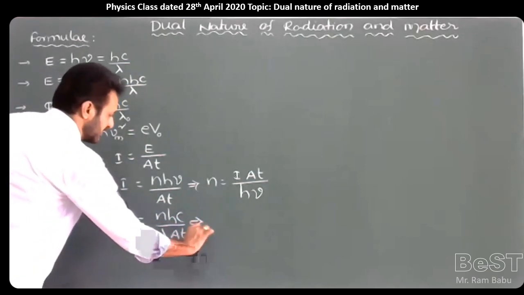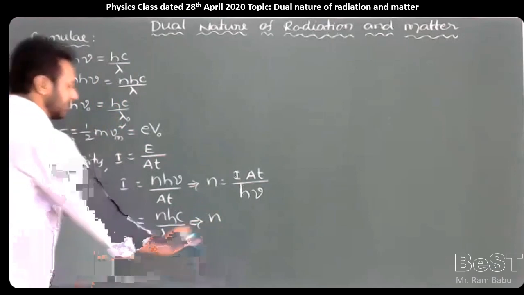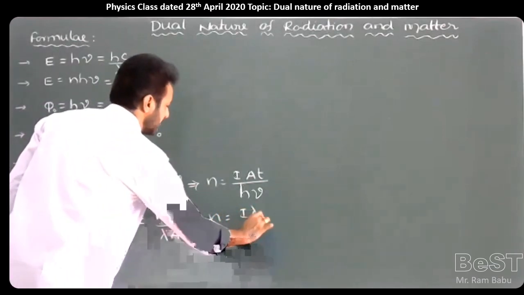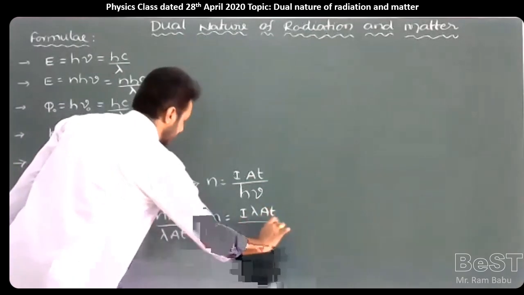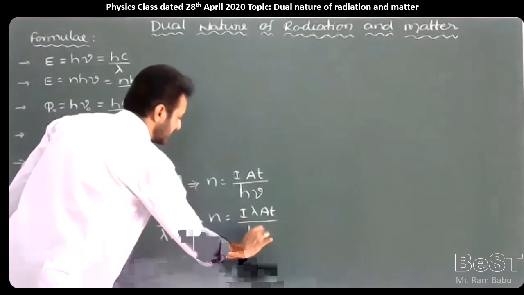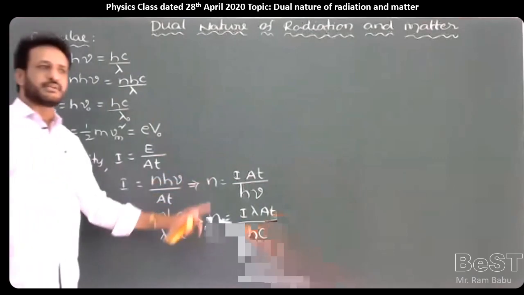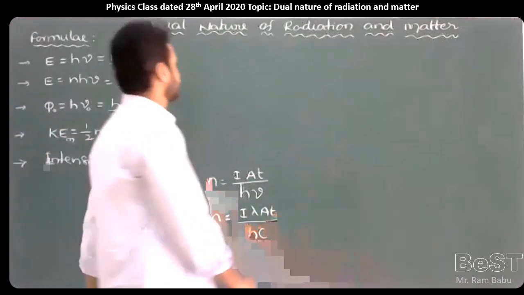That implies the number of photons n is equal to I into lambda into A into t divided by hc. Both here, n indicates the number of photons emitted.